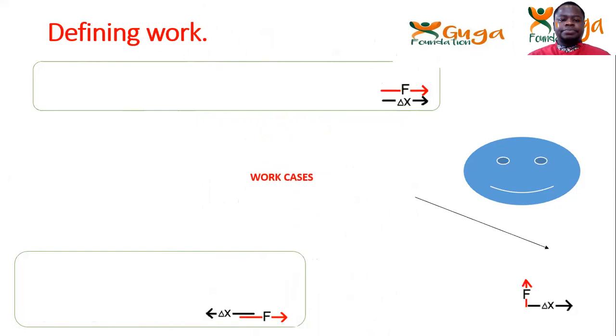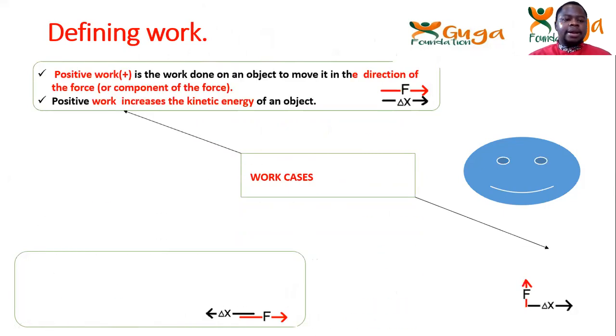Now let's look at the cases of work. Which are the cases whereby work is done, and what are the cases whereby work is not done? Number one, positive work. Positive work is done on an object to move it in the direction of the force.